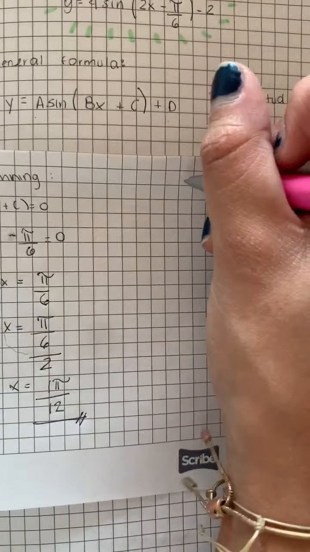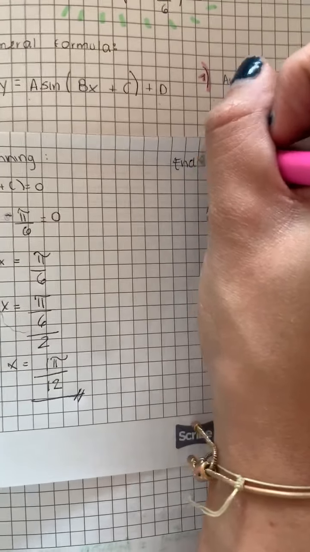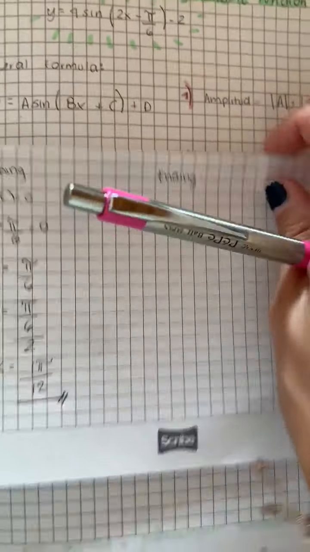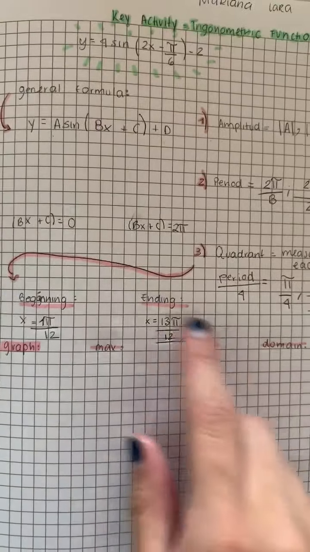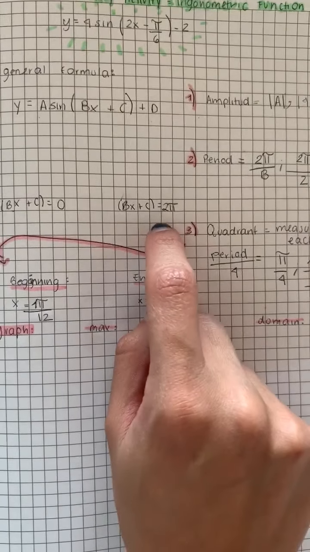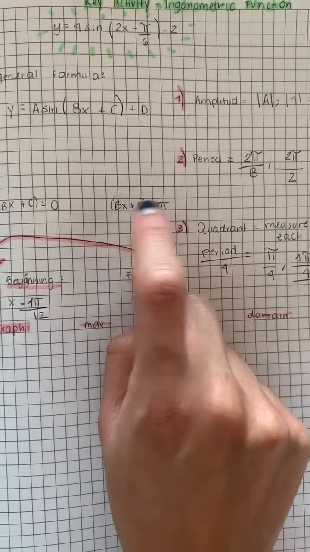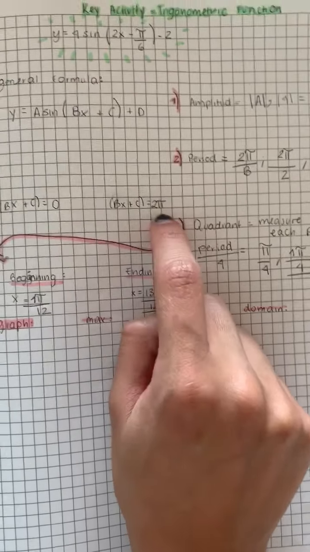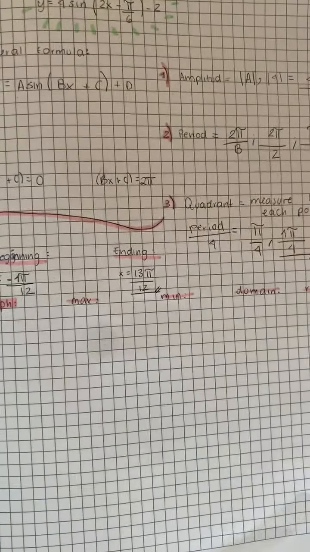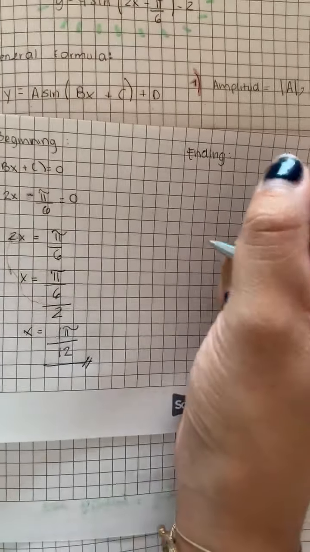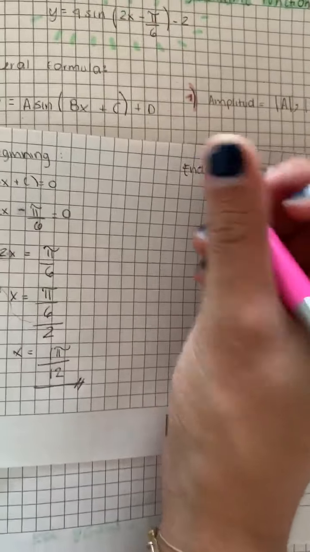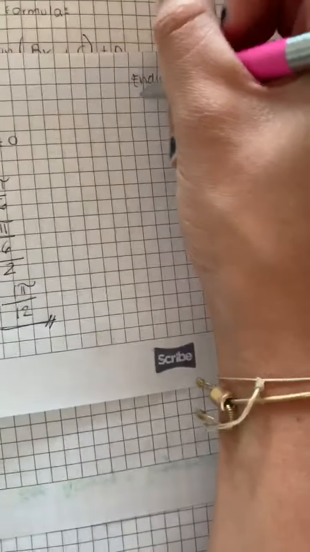Now, the ending. We go back here. For getting the ending, we're going to use this formula: parentheses bx plus c, close parentheses, equals 2 pi. So your steps by doing this are the same.